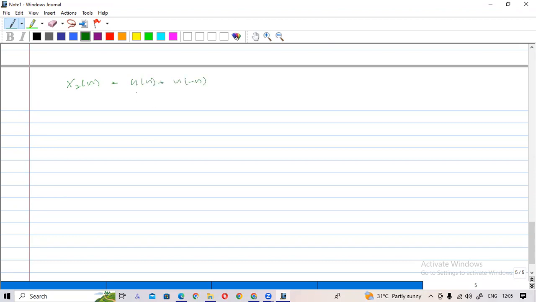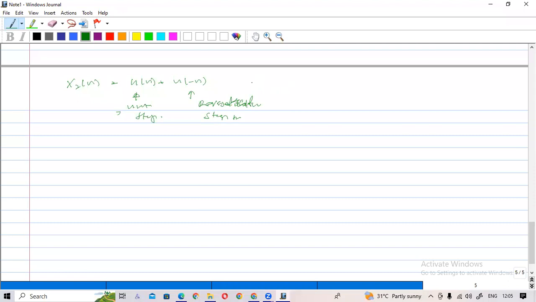This is the unit step signal, and this is the reversed unit step signal. This is the unit step signal, and this is the reversed unit step signal.